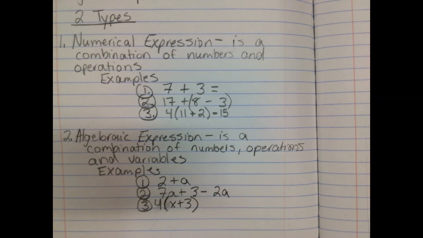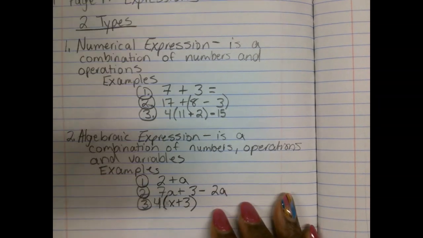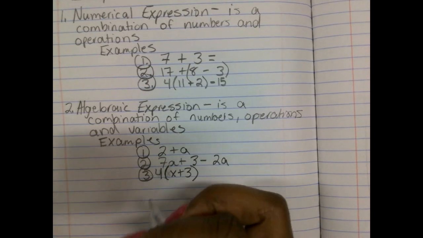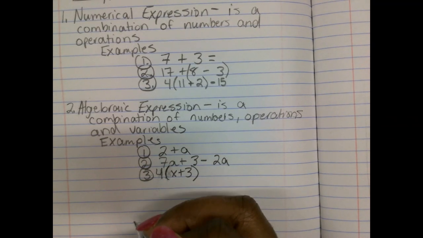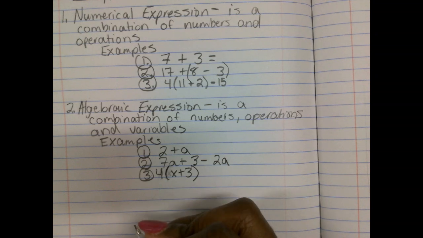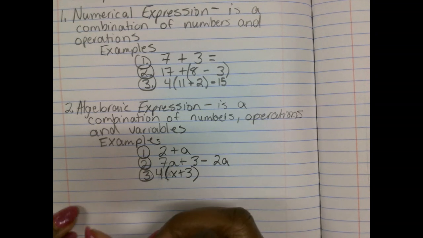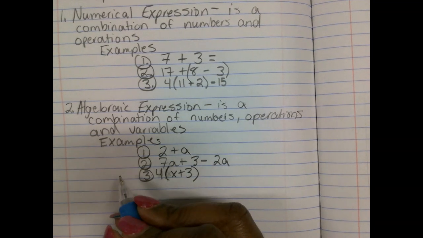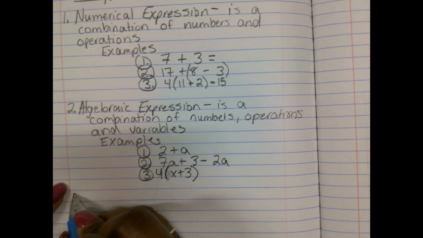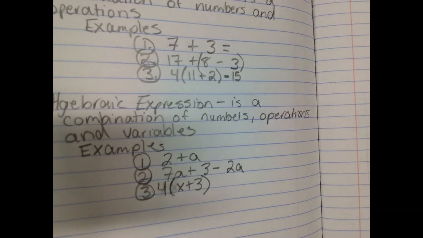All right, good folks. Now that we have that, how do you solve expressions in general, whether it's an algebraic expression or a numerical expression? There are a series of steps that you use.